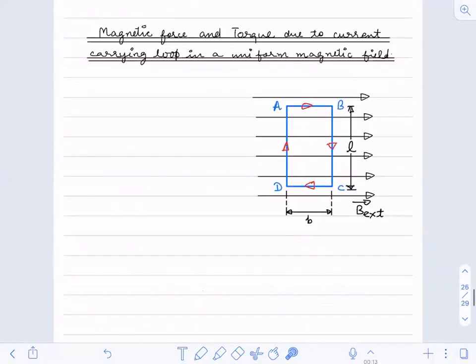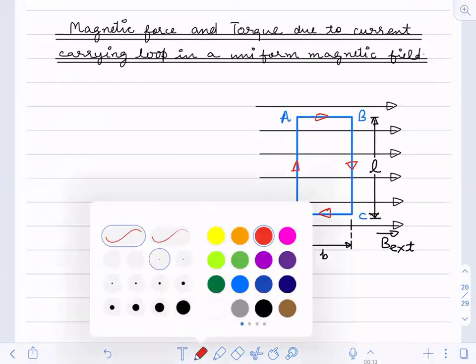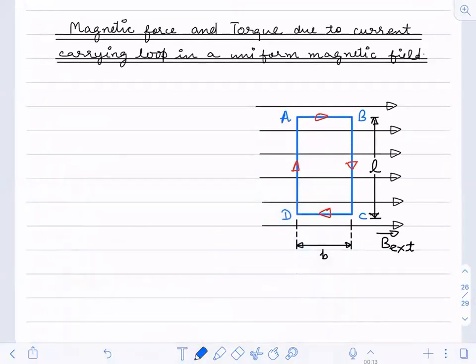Here we are going to study the magnetic force and torque on a current carrying loop in a uniform magnetic field. I have drawn a figure where you have a B external, that is, an external magnetic field, and in that external magnetic field we have a loop.